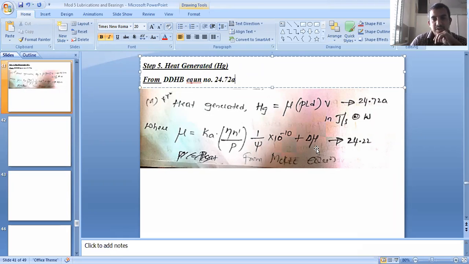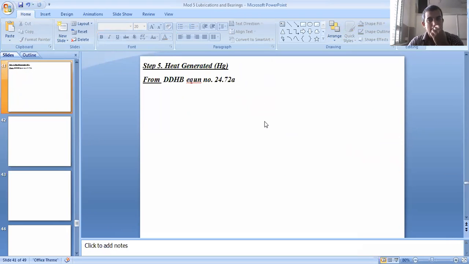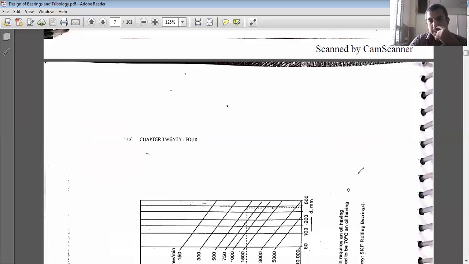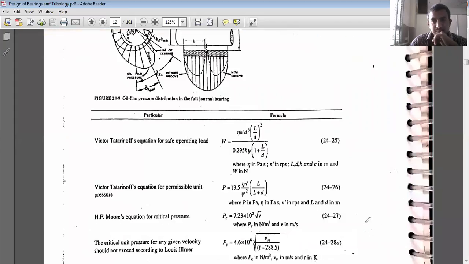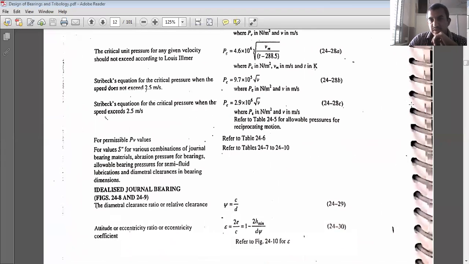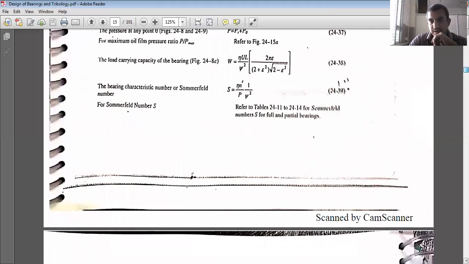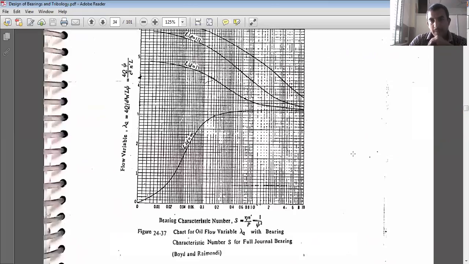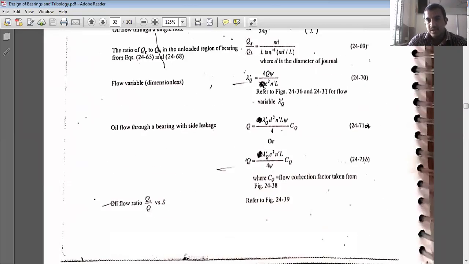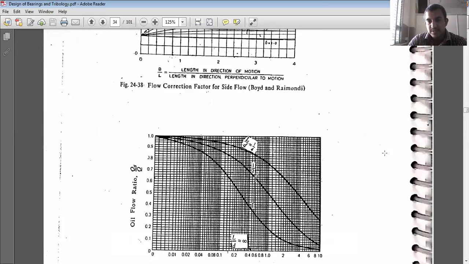Or else we'll go directly and take it from the design data handbook, equation number 24.72. So move to the data handbook, equation number 24.72.